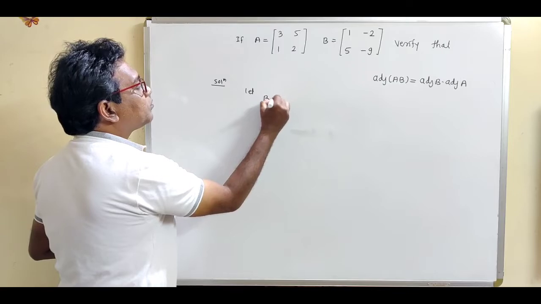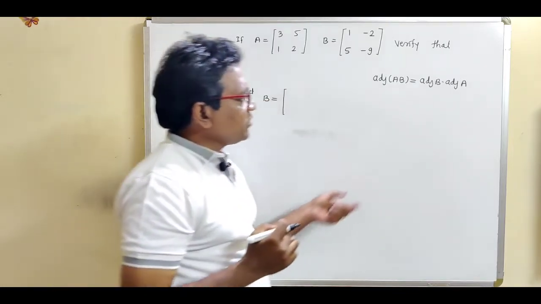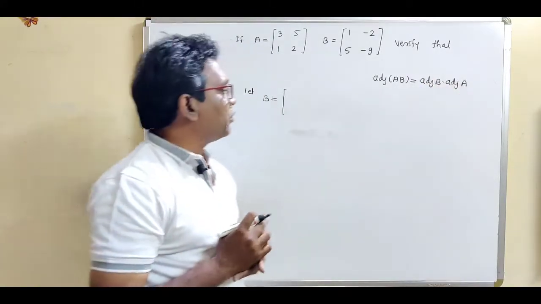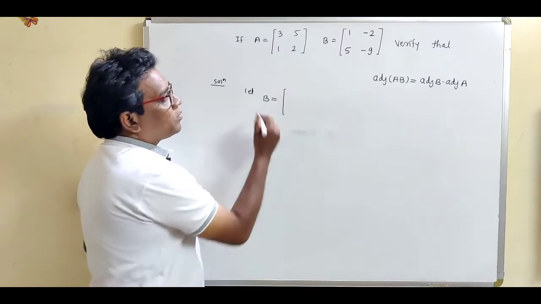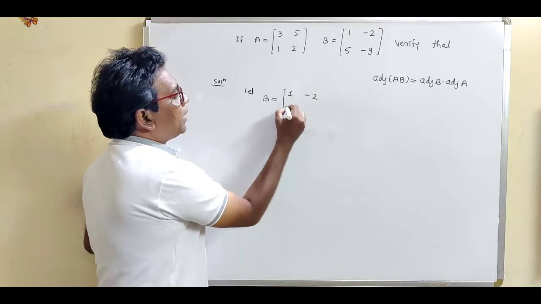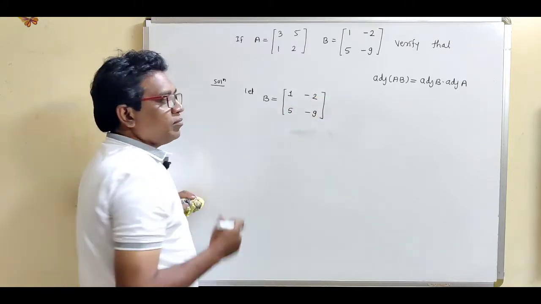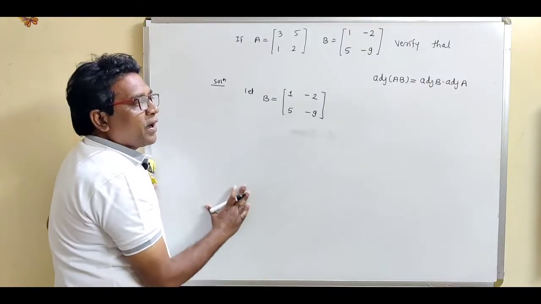Let B is equal to, now first we find this right hand side adjoint of B into adjoint of A. So let us write down this B matrix. B is equal to matrix 1, minus 2, 5, minus 9. Now we have seen how to find out the adjoint of matrix.